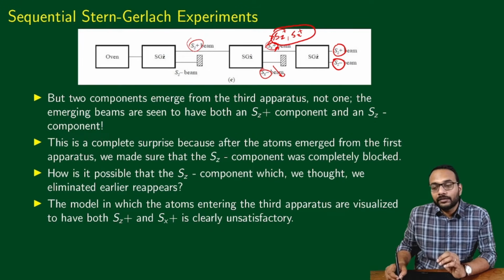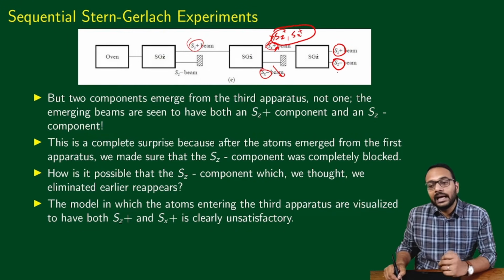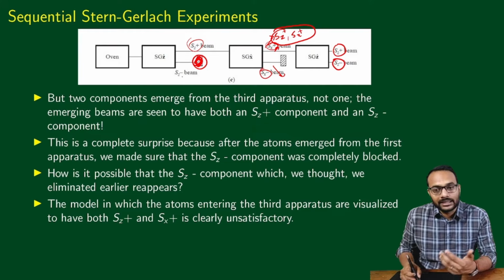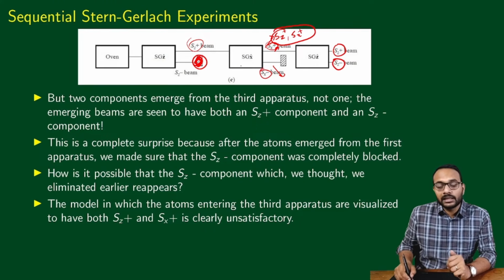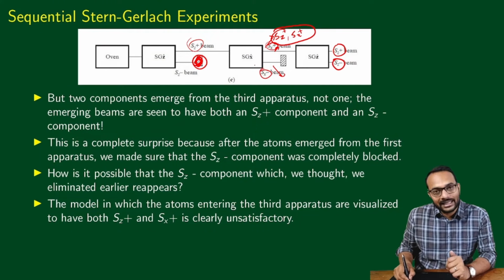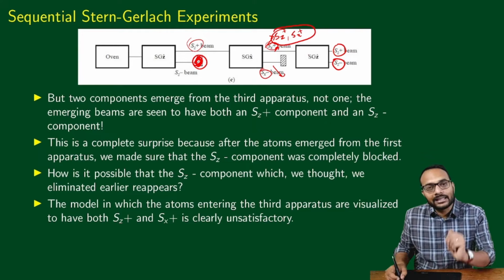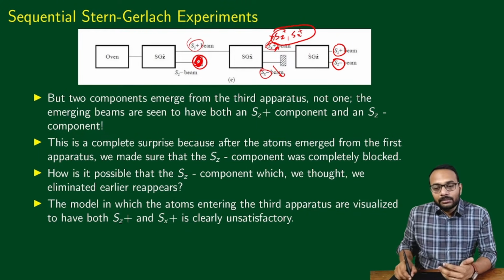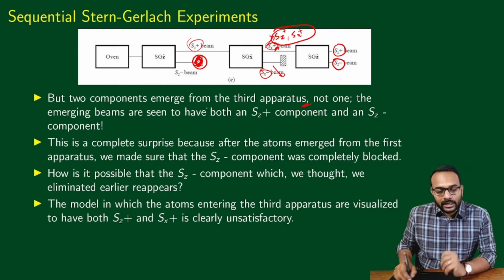But we are getting an Sz plus beam and an Sz minus beam, even though we had blocked all the atoms with an Sz minus component earlier. After passing through an SGX apparatus, we are getting back the Sz minus component. So two components emerge from the third apparatus, not one.